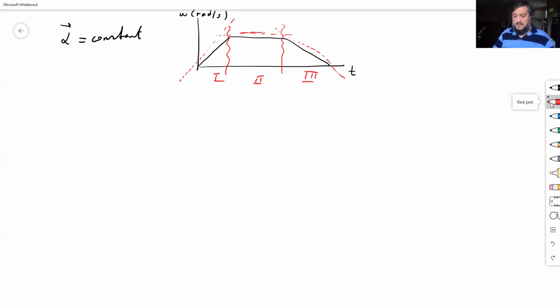Now, when you're speeding up, here's the car and its wheel. So here's the wheel. Here's the car. I'm trying to draw it in 3D. So the motion of the car is this way.